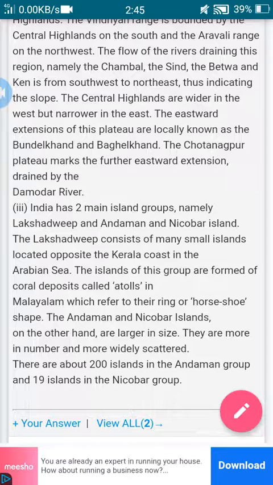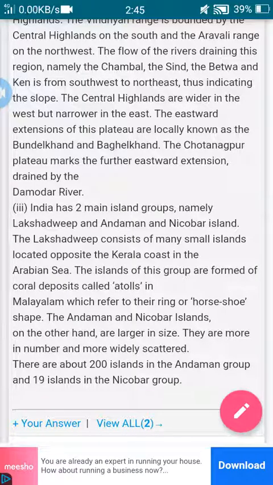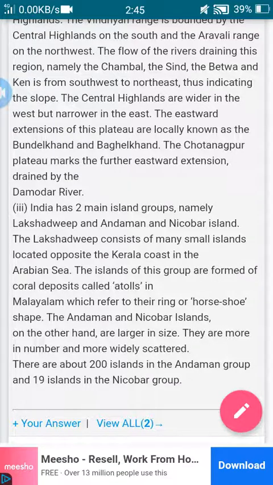The islands of this group are formed of coral deposits called atolls, in Malayalam, which refers to their ring or horseshoe shape.